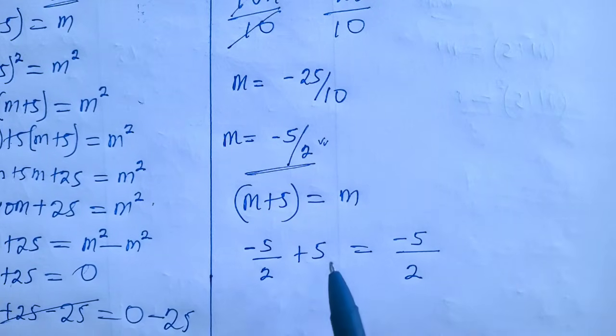Here we note that 5 is over 1, and we add it to this.